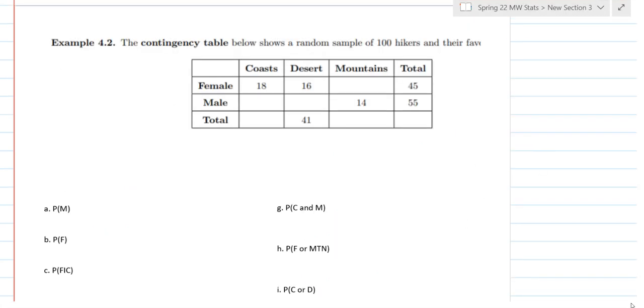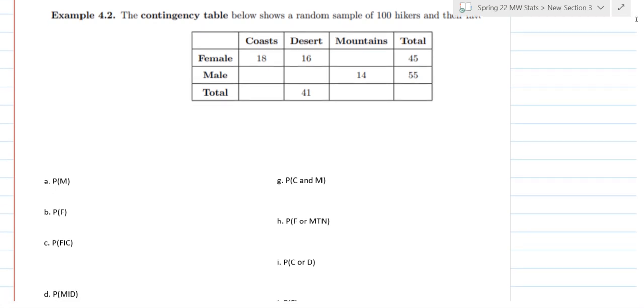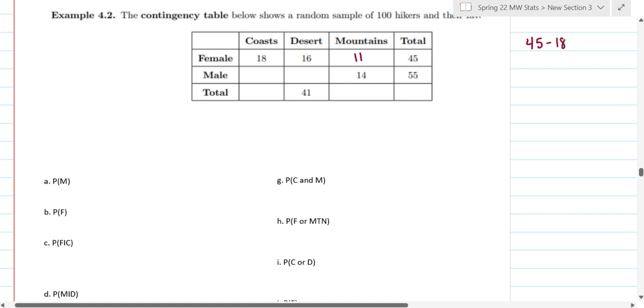All right, let's go ahead and take a look at example 4.2. The contingency table shows a random sample of 100 hikers and their favorite hiking location. We're missing some values. Female, what's missing here for mountains? 11. How we get that: if the total's 45, then we do 45 minus 18 minus 16, which gives you 11.